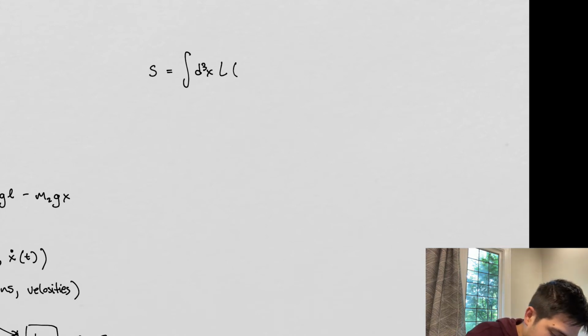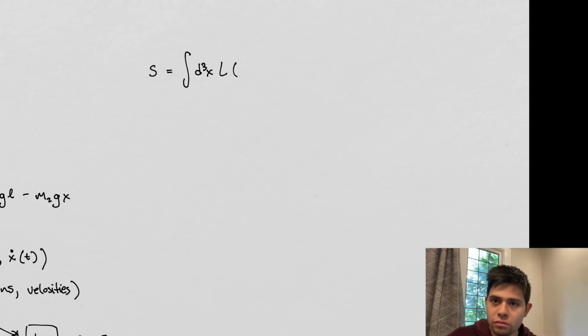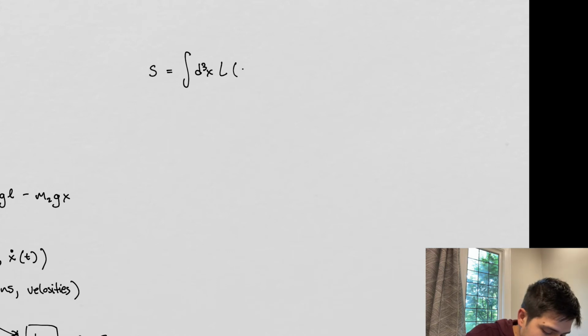And again, our Lagrangian is a function of, now I'm going to rewrite the notation a little bit here, because this is what you'll come across mostly in the textbooks. Q, which is a function of time, and Q dot, which is a function of time.